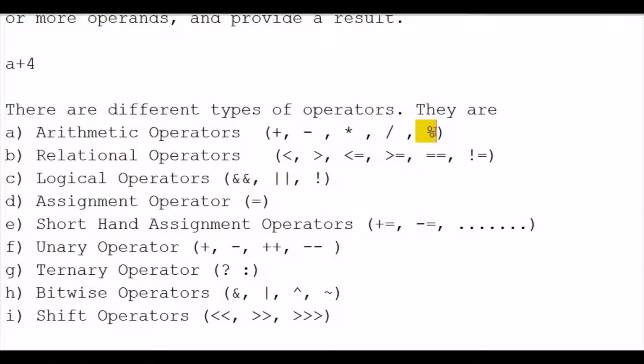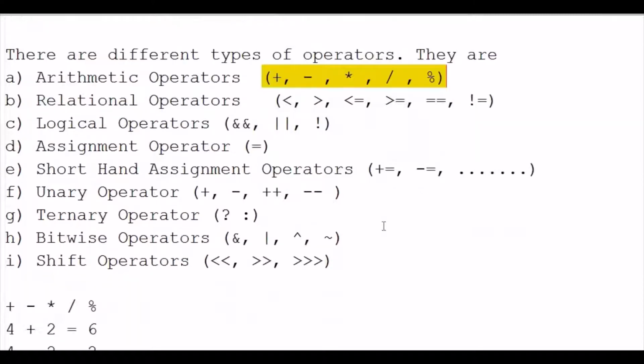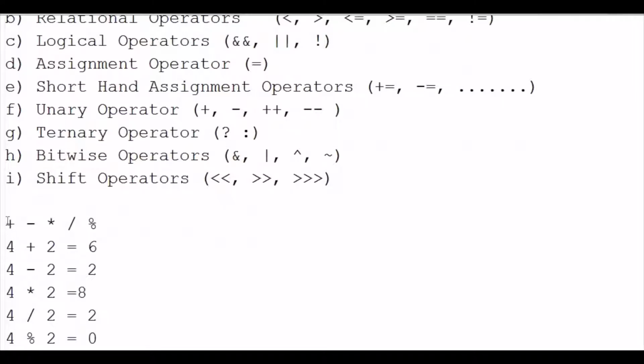Modulus gives the remainder when we divide a number with the other. These are the basic mathematical, that is arithmetic operators available in Java: plus, minus, multiplication, division and modulus. Please don't read this as percentage, this is called modulus.